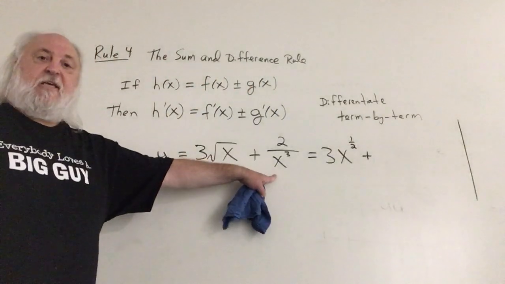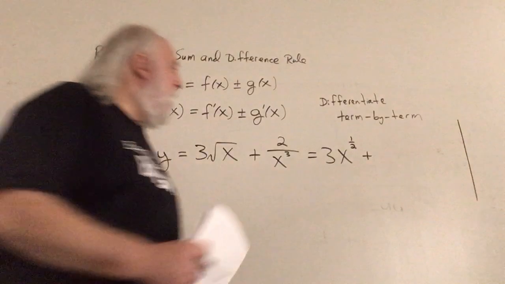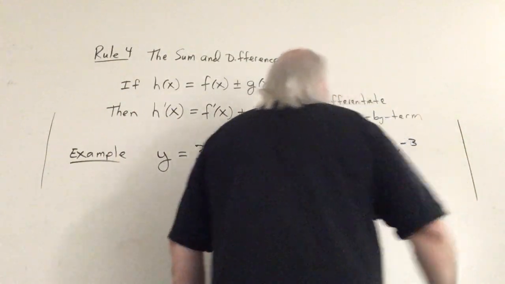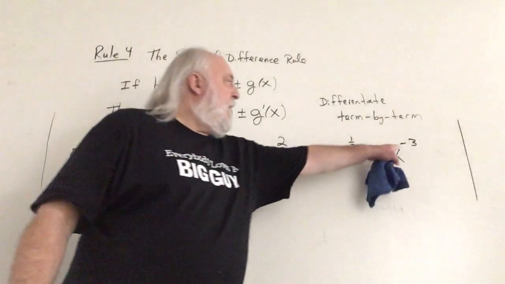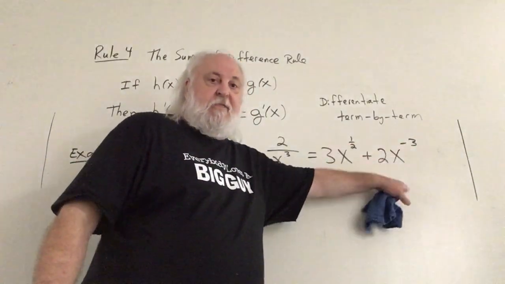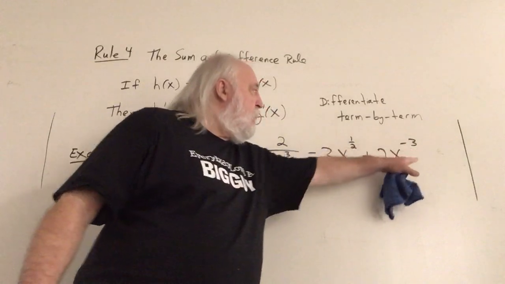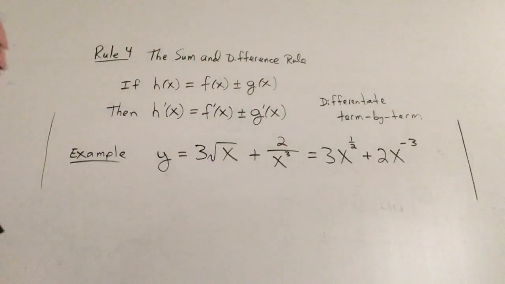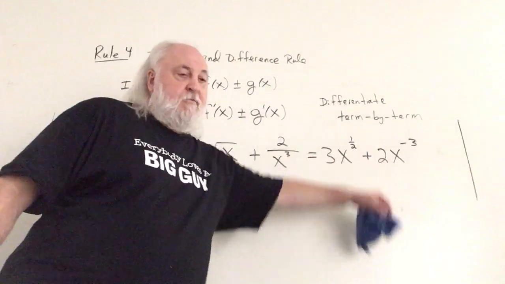And 2 over x cubed is the same as 2 times x to the minus 3 power, right? The minus sign in the exponent means reciprocal. So x to the minus 3 is the same as 1 over x cubed. And both those we're multiplying by 2.